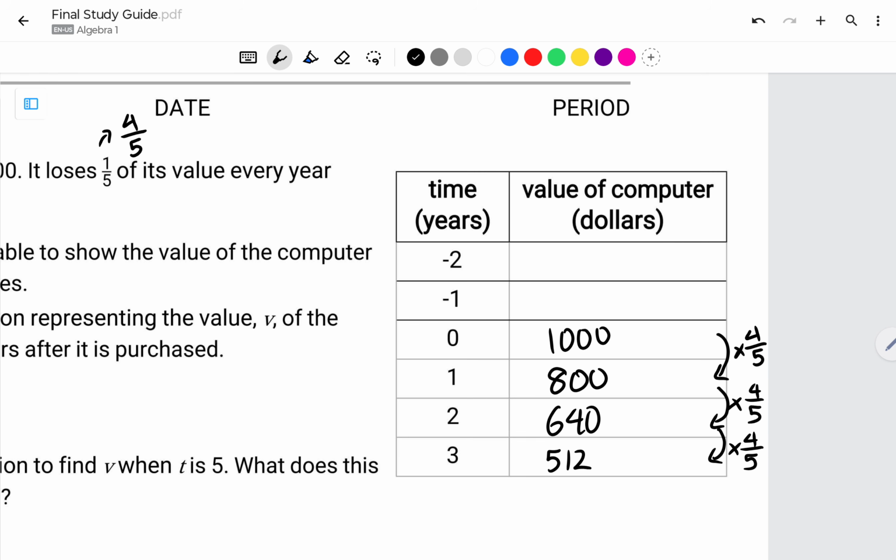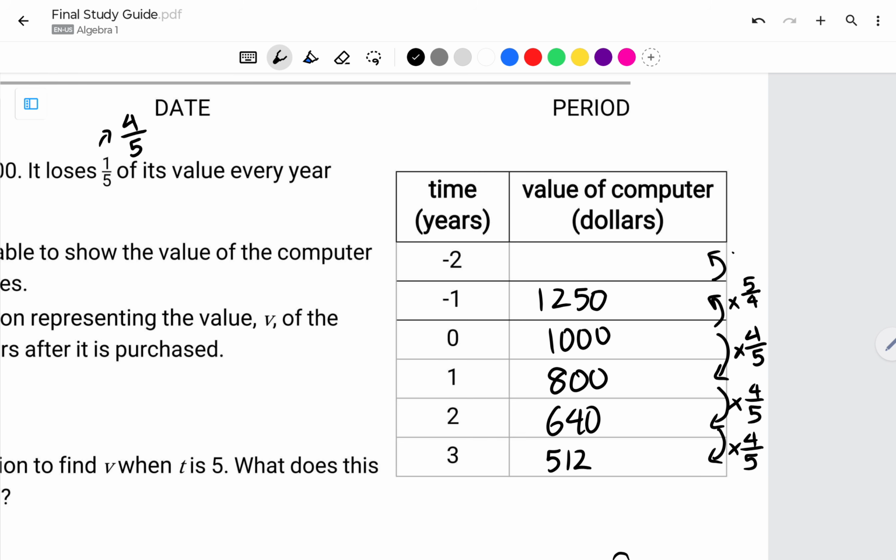If I bought it at $1,000 and every year it drops in value, how do we go backwards? What was the value the year before and then the year before that? If we multiply by 4/5, in order to go backwards, you have to multiply by 5/4. So our computer the year before, -1 years, was worth 5,000 divided by 4, 1,250.